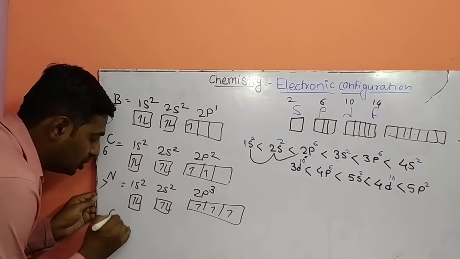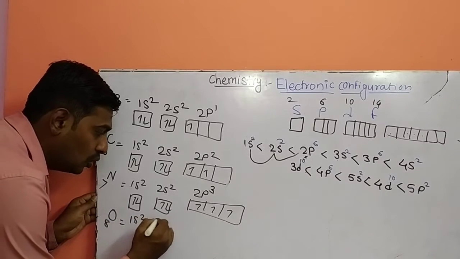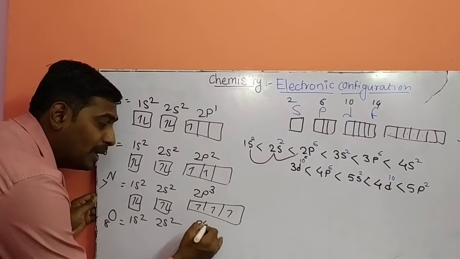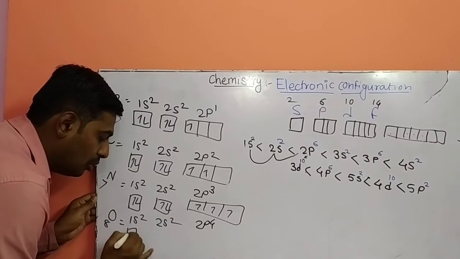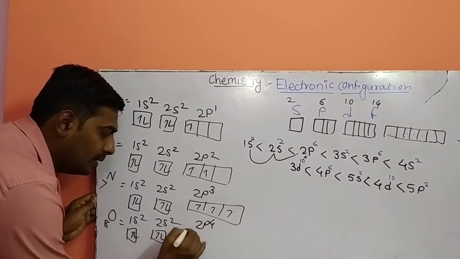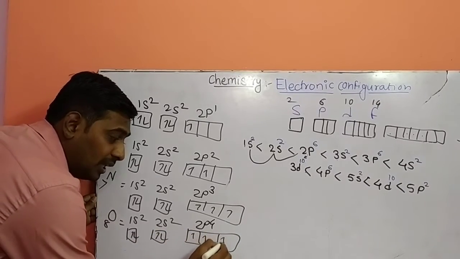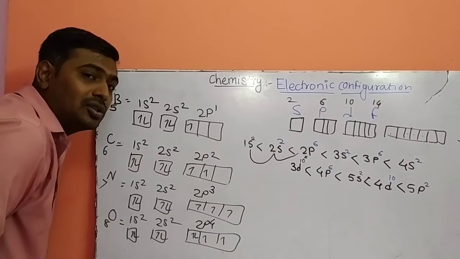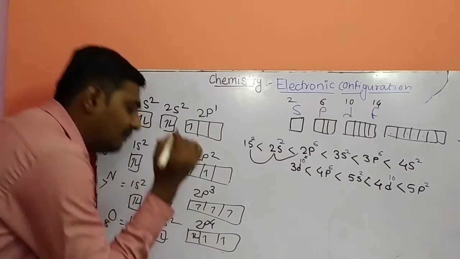See, the next atom, oxygen, atomic number 8. 1s2, 2s2, 2p right now. What will be 2p? 2p4. So how do we have to write 2p4? 2p4 should be properly written as 1, 2, 3 and 4. Hund's rule says that when all orbitals are half filled, then we have to start pairing.